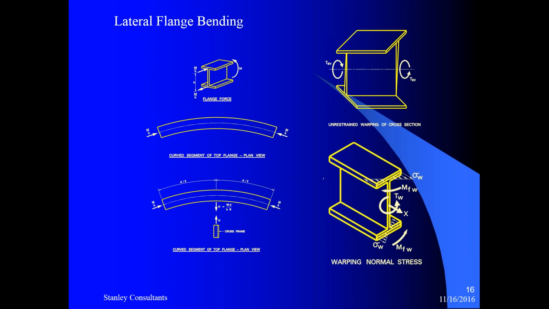Then the flange bends in its own plane, creating a flange bending which is called lateral flange bending. This lateral flange bending creates normal stresses, compression on one side of the flange and tension on the other side, and these are known as warping normal stress.